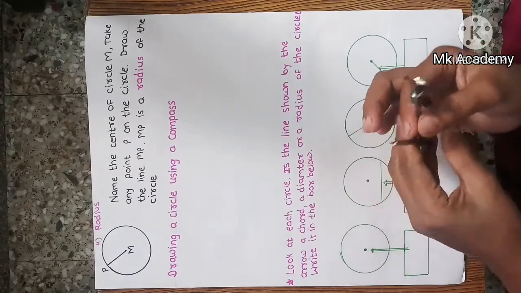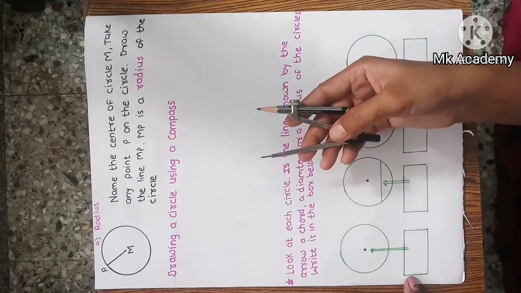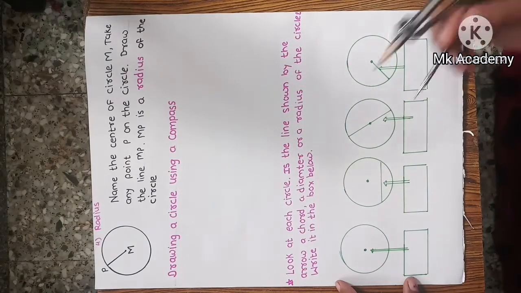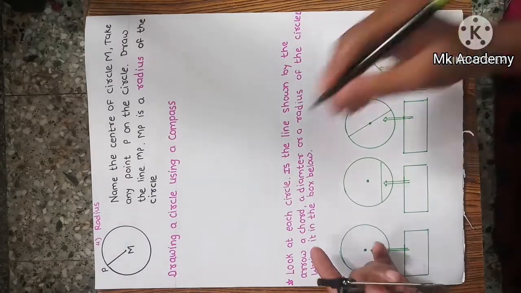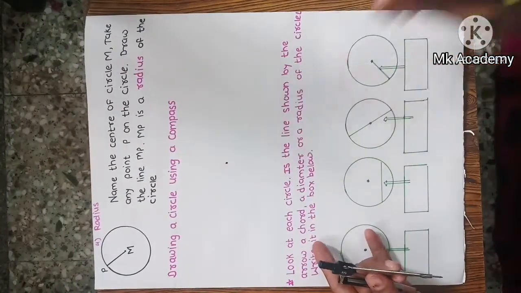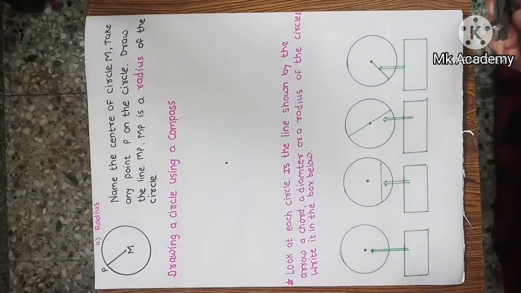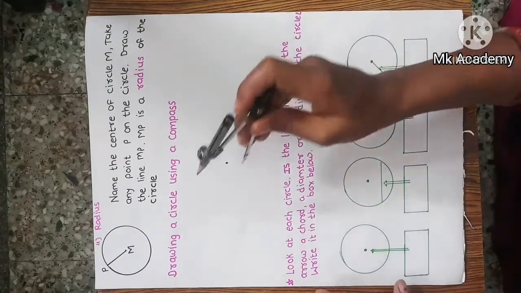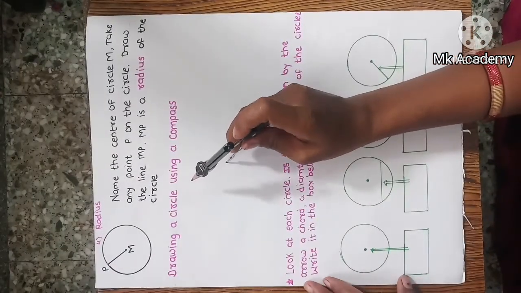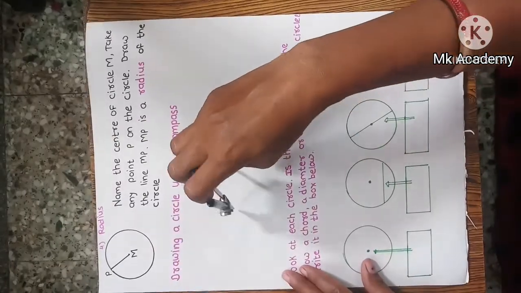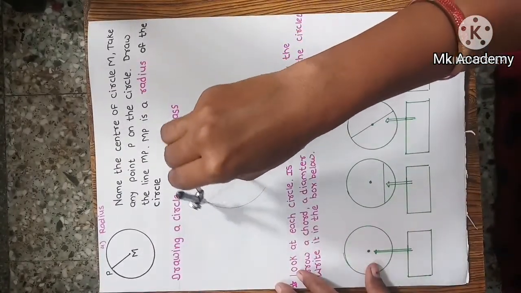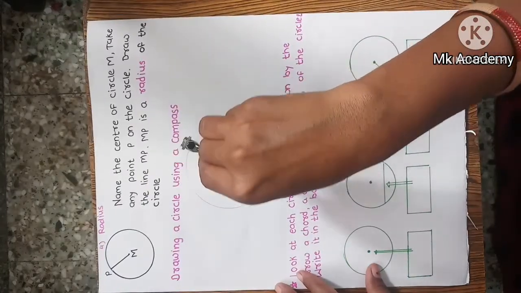Now we have to draw a circle by using this compass. Here we take any point. Now I take a point here and draw the circle. To draw the circle, I first put this metal tip on this point, and this pencil traces the circle.